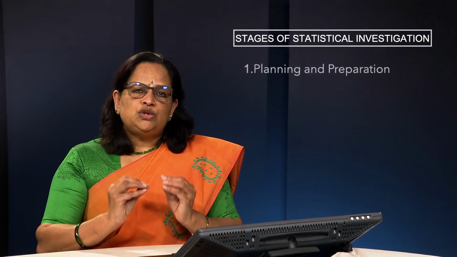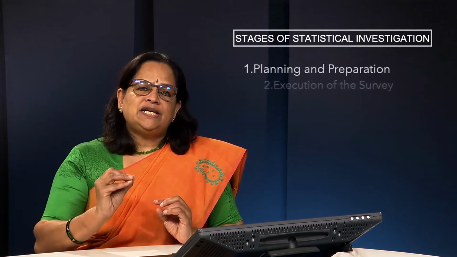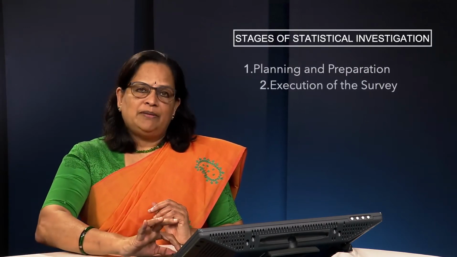Now we are coming to the next stage, that is, stages of statistical investigation. We divide statistical investigation into two main headings. First one is planning and preparation and second one is execution of the survey. Now I am going to give you the sub-points for planning and preparation.